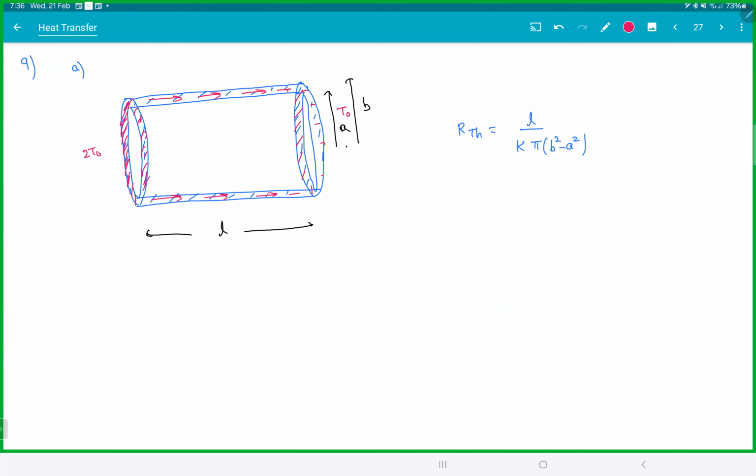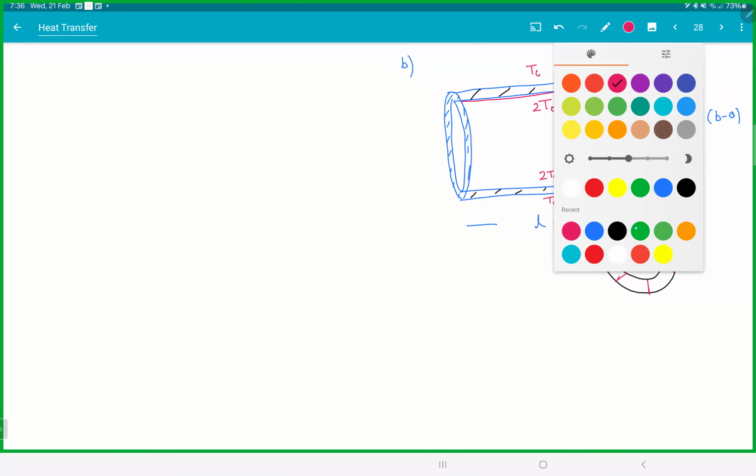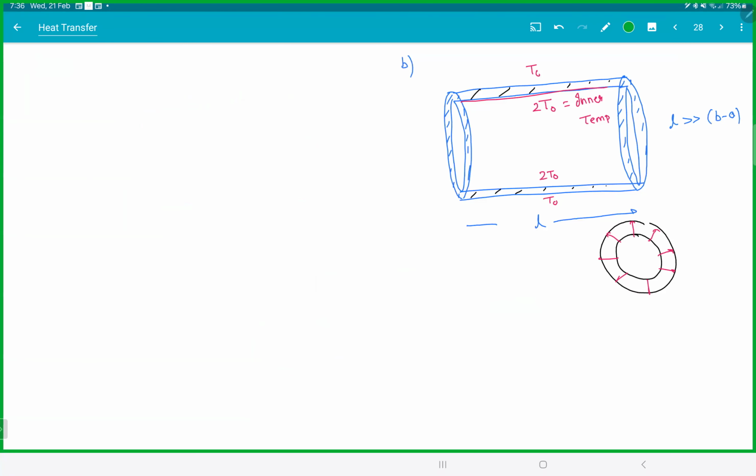Yeah. Let's see what to do for the second part. We will take a thin cylinder of radius x and thickness dx. And let the heat flow in the cylinder like this, radially.